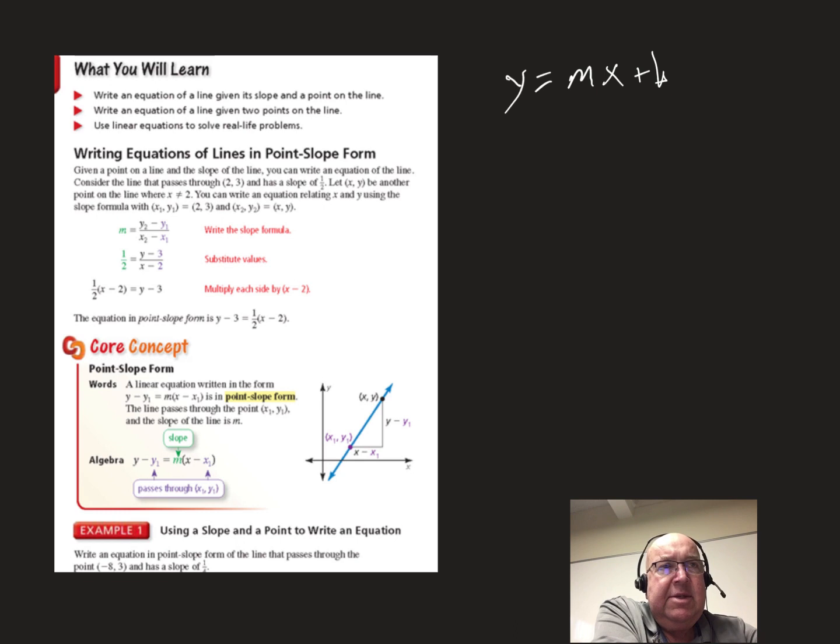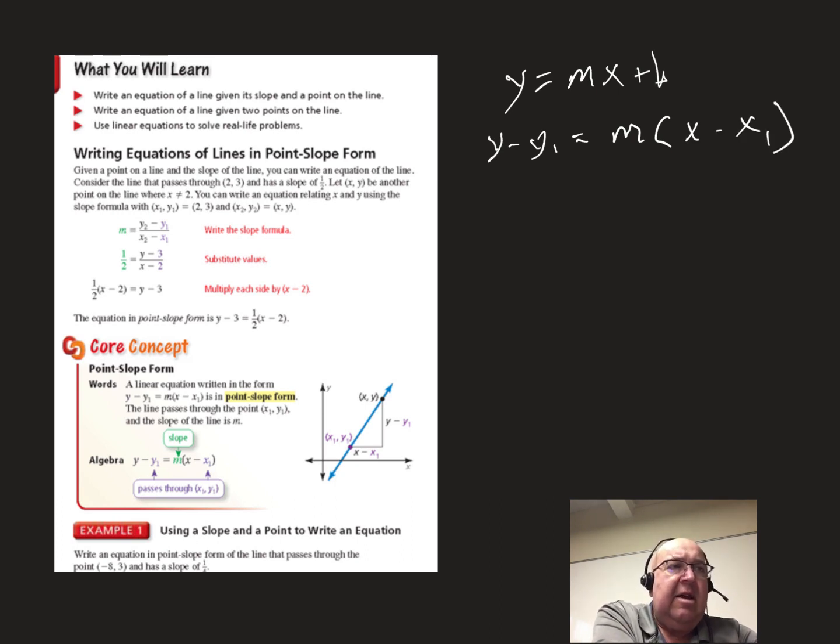So we're going to use the same concepts, but we're going to have y minus y1 is equal to m times the quantity x minus x1. And this is useful if you have just a point and slope and you don't have an intercept. And you could actually calculate the slope-intercept form from this form.